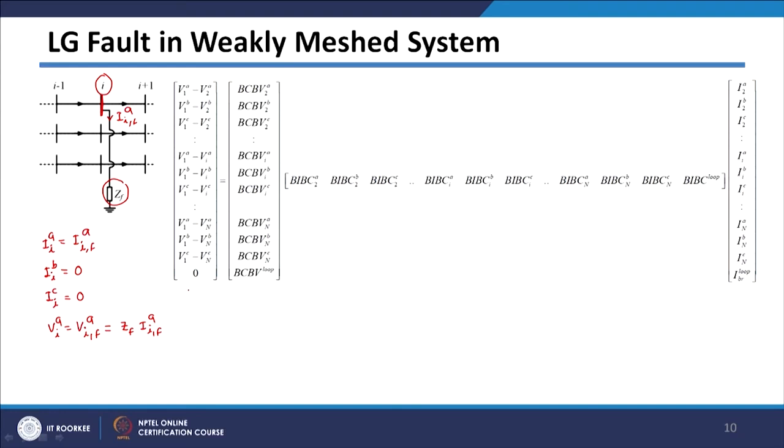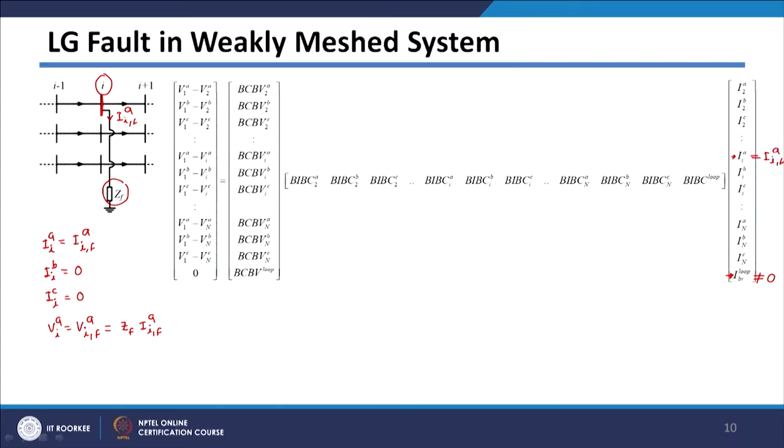So, if you see here, these currents, except the current in phase A, means except this current here, as well as the loop forming branch current, because this short circuit current will try to flow through the loop branches also. So, there will be non-zero currents through loop branches. So, this will be non-zero, as well as this will be your fault current in A phase.